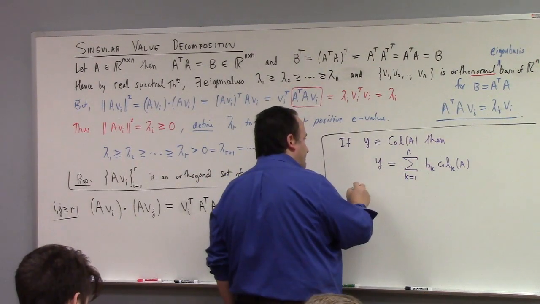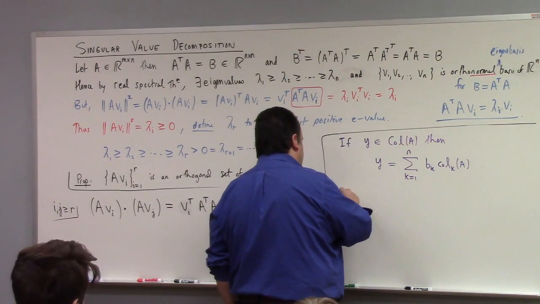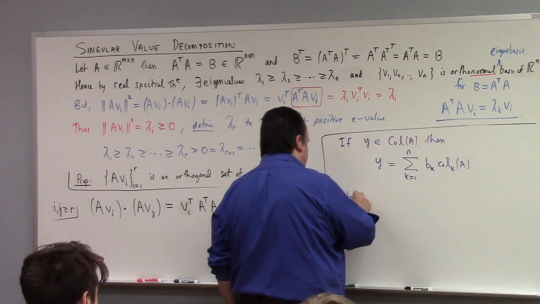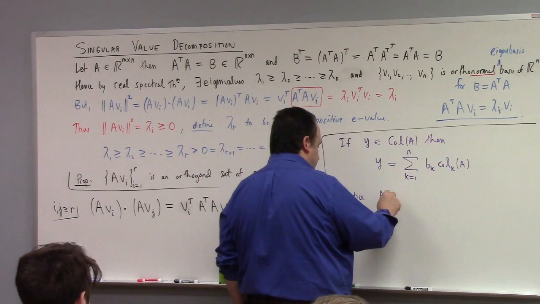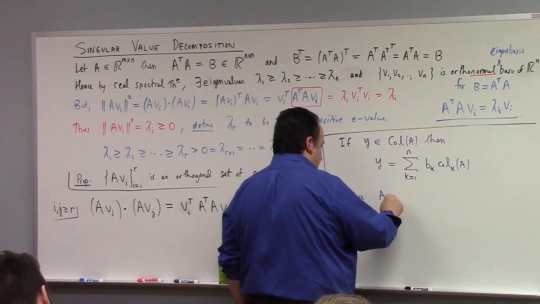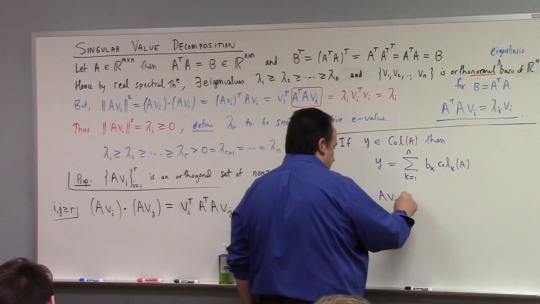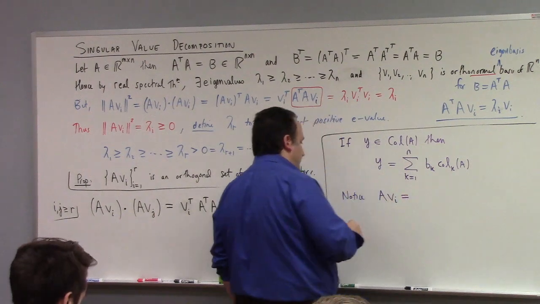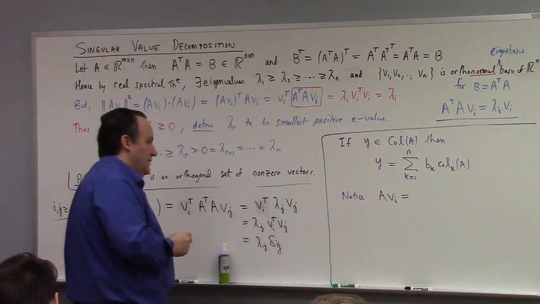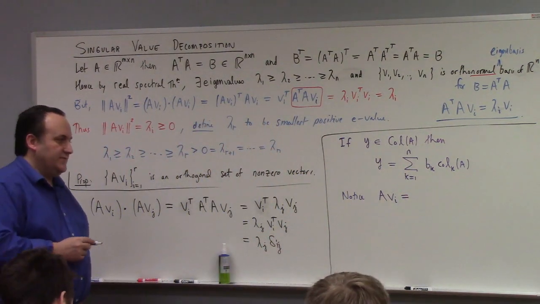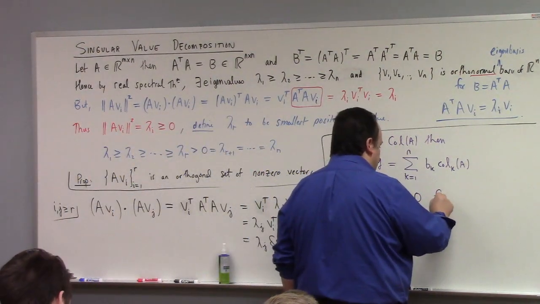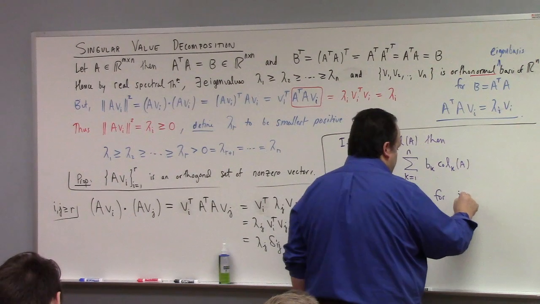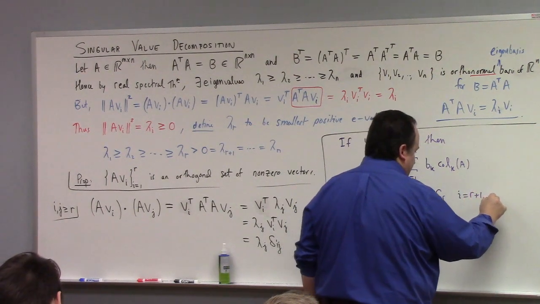And furthermore, notice that, let's see here, A v i is equal to what? If i is greater than or equal to r plus 1, this is equal to 0, and so forth and so on, all right?